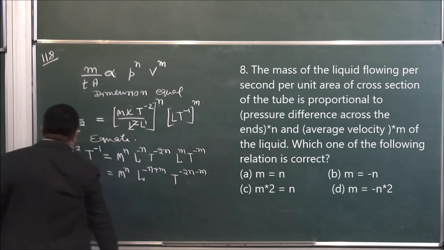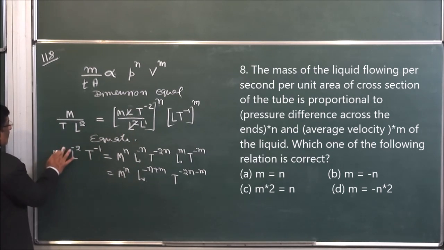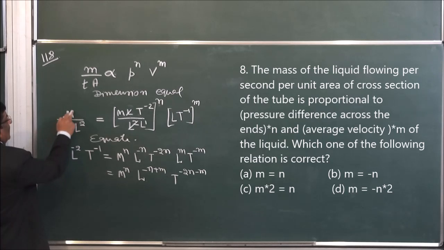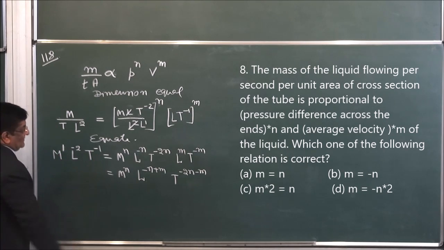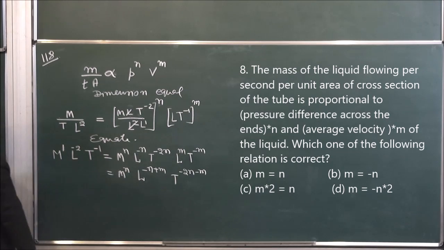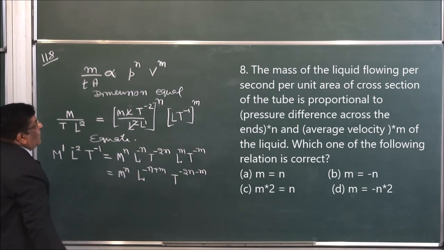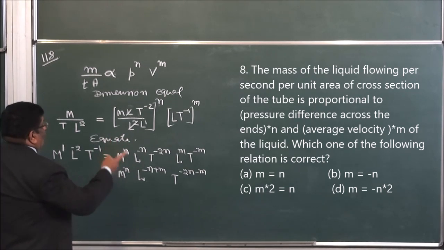This is the equation we have got. Here M to the power not 0, M to the power 1, correction. If we have done it this way, then can we find the value of n and m? We have to find the relation of m and n.